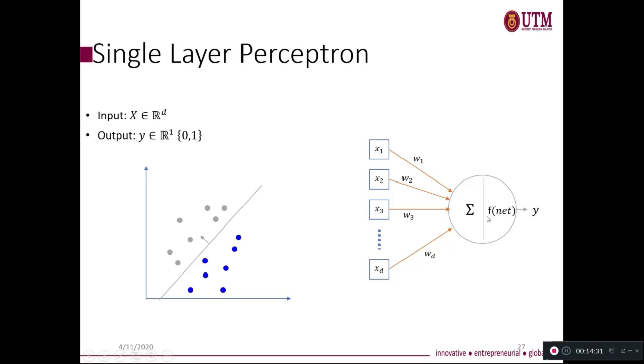But if you choose your f as the identity function, then this unit is not a hyperplane or an equation that represents a border. It's just an equation relating the input x and the output y in a linear manner. So that is why they call it linear regression.